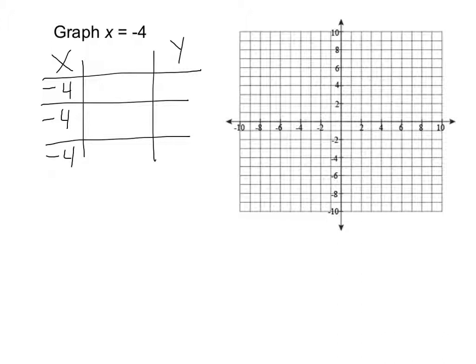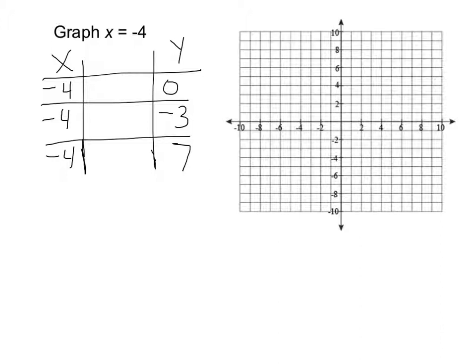So no matter what I choose for y, I could choose 0 for y, and x is going to be negative 4. If I choose negative 3 for y, x will be negative 4. If I choose 7 for y, x is negative 4. It works the same way as the other equation, only this time x is the same no matter what.